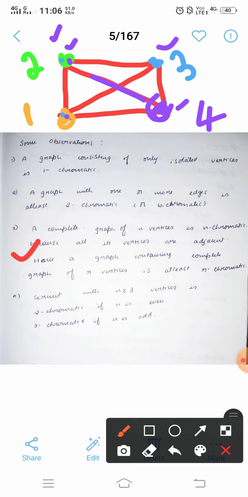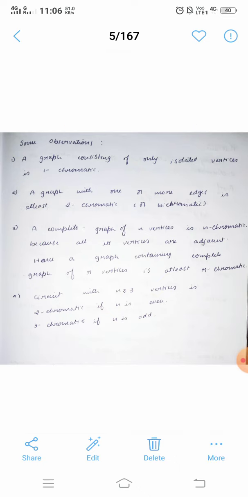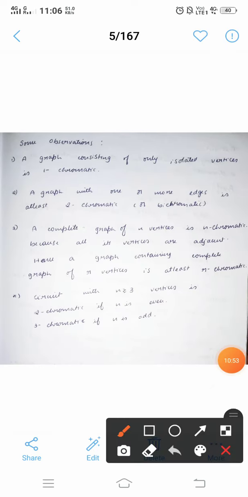In the same way, the complete graph with 5 vertices is also 5 chromatic. 6 vertices is also 6 chromatic. A complete graph, because all the vertices are adjacent to each other, right? So we can't reuse the colors. If I have a complete graph with n vertices, then n minus 1 vertices are adjacent to the nth vertex, right?